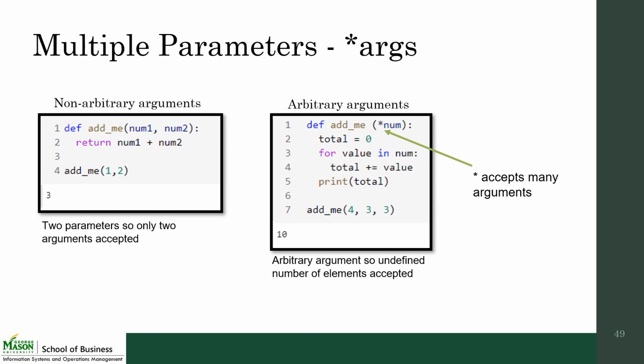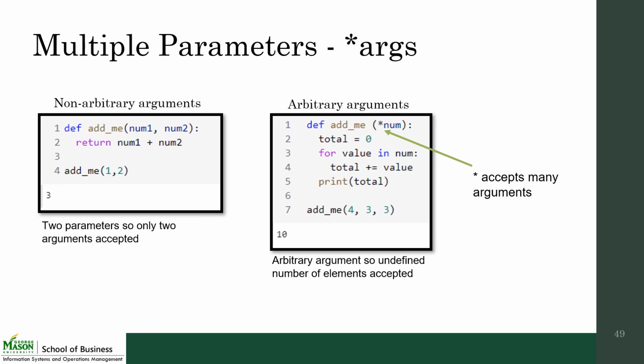Now, on the right-hand side, line 1 has an asterisk preceding the parameter name. And this is an arbitrary argument, meaning that if you do not know the number of arguments needed to be passed into the function, by putting that asterisk preceding that parameter, it could allow for an infinite number of arguments.